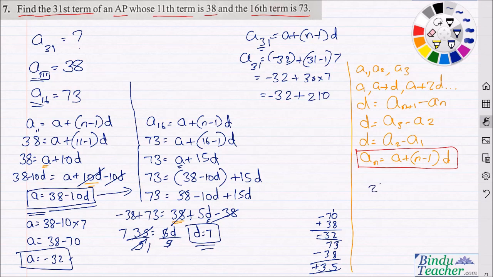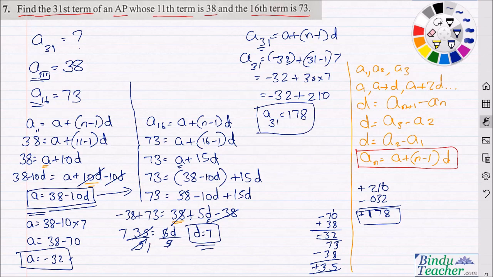So 210 minus 32 gives us 178. So a of 31 equals 178. The final answer is that the 31st term of this arithmetic progression, where the 11th term is 38 and the 16th term is 73, is 178.